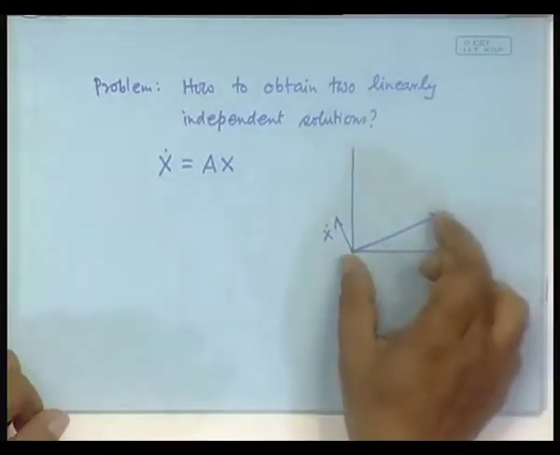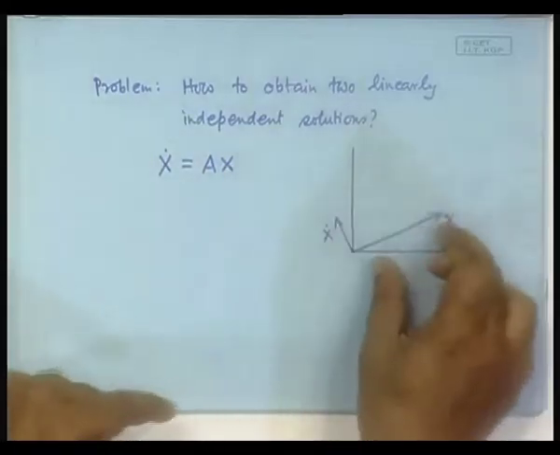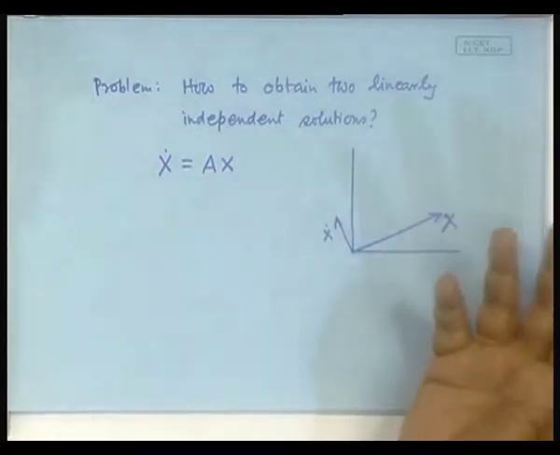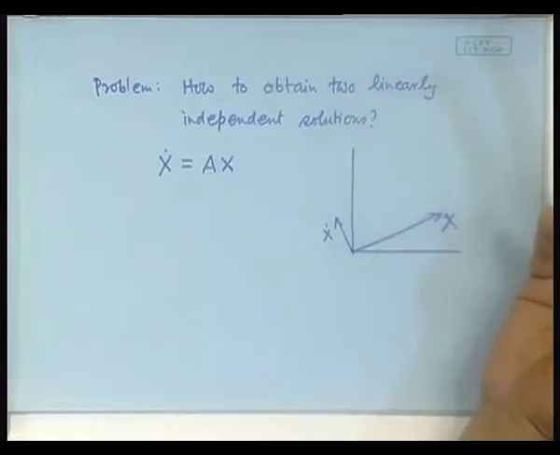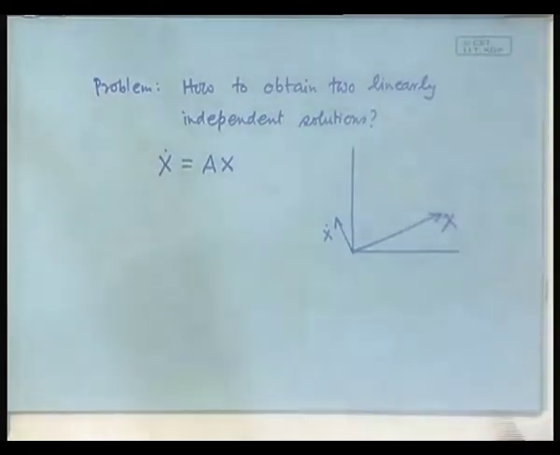Now, the vector from which it starts and the result will in most cases be in different directions, with different magnitudes, quite naturally. There is no reason to believe that they will be the same.